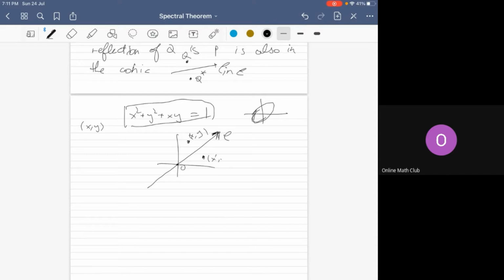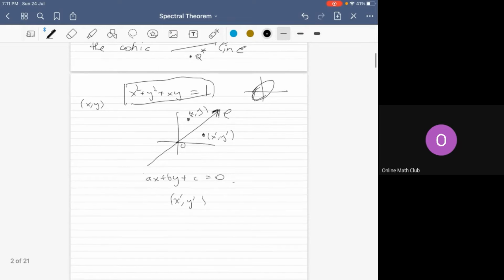We can try to find some line, like take the equation of the line, let's say ax plus by plus c equal to 0, and take the reflection of a point x, y in that line. x, y satisfies x square plus y square plus x equal to 1. Let's say you get the point x dash, y dash, and then you also set x dash and y dash satisfying this equation of the conic. So you get two equations, and you have variables two only, like x and y. No, the variables are, I think, a, b, and c, right?